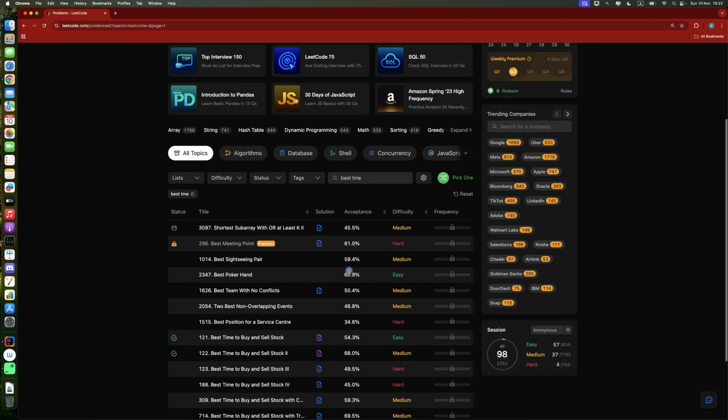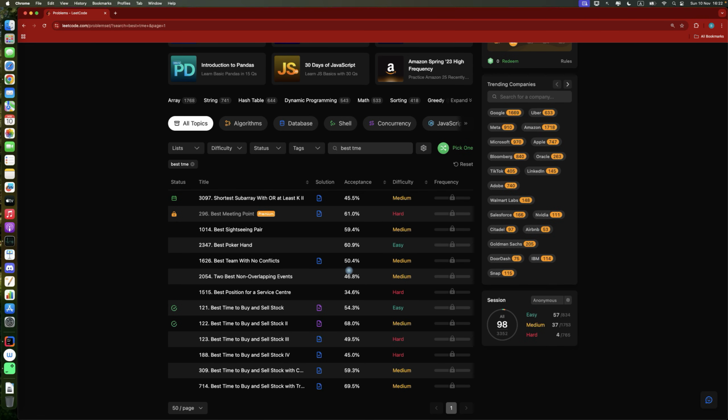Here you can see both the programs. You can see the easy one, which is really easier for me, has a lesser acceptance rate than the medium problem, and this is strange for me because this is really easier than this one.